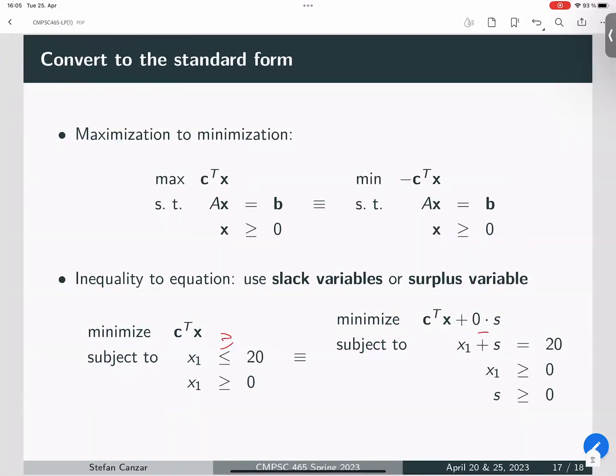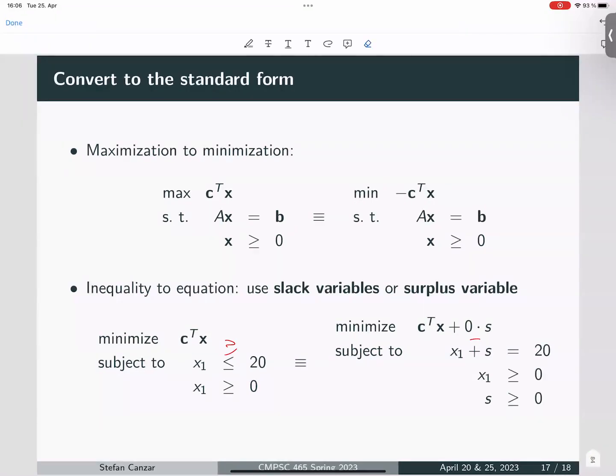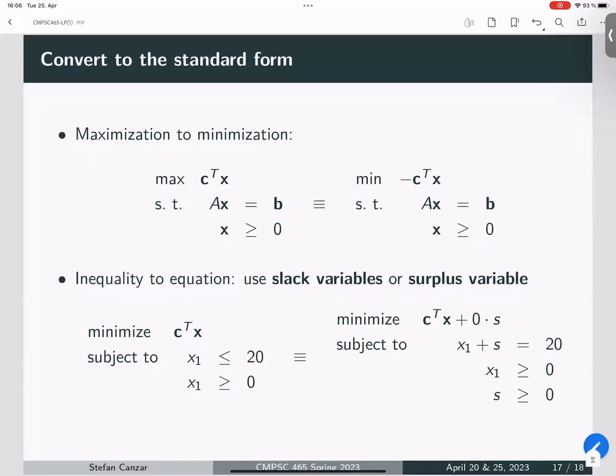So we introduce what's called a slack variable. The slack variable S here. It's a non-negative variable that we simply add to the left-hand side, and then we simply switch this inequality to an equality.